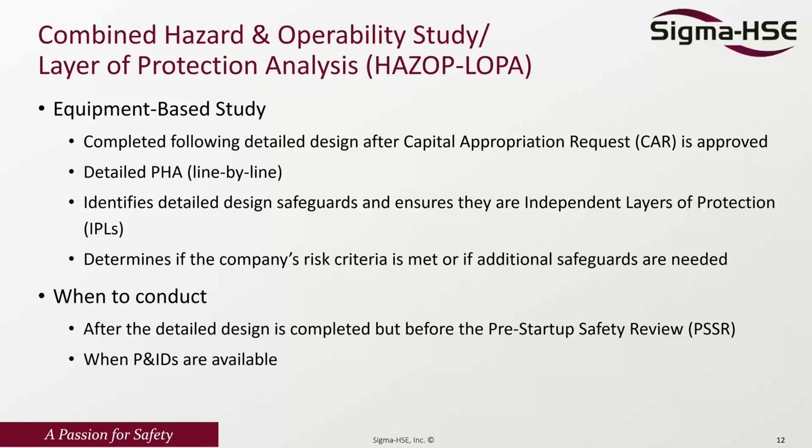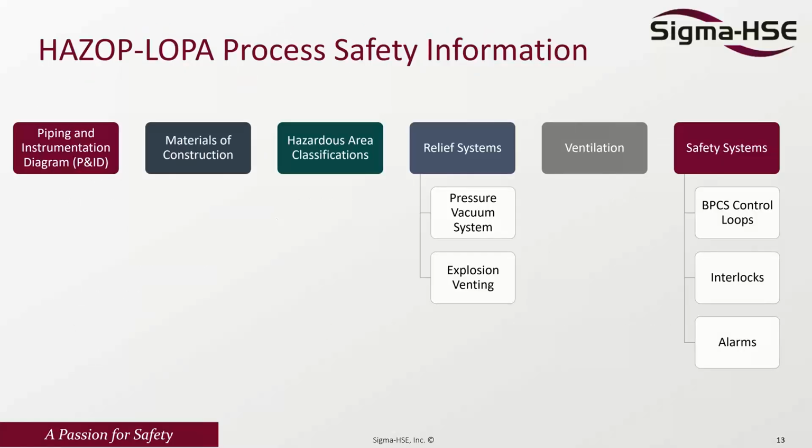You'll see on the next slide the process safety information required: P&IDs, materials of construction, hazardous area classifications, relief systems, ventilation, usually important in flammable atmospheres, and safety systems, such as basic process control system loops, any interlocks that are either in the BPCS or in a safety instrumented system, and the alarms.